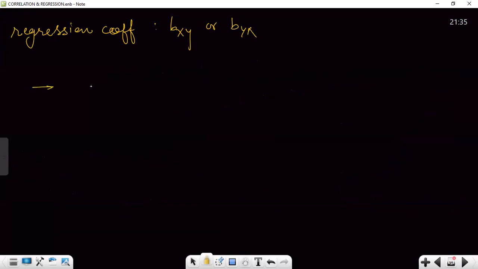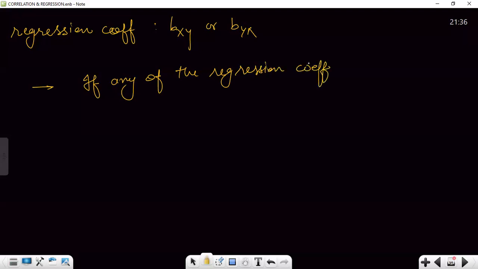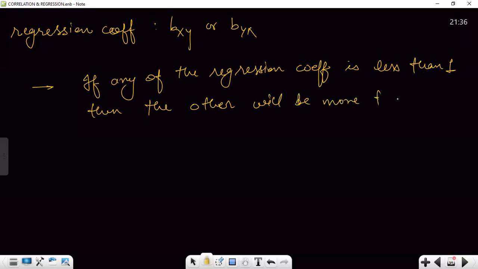The property is: if any one of the regression coefficients, bxy or byx, is less than 1, then the other will be more than 1, because they are inversely proportional.